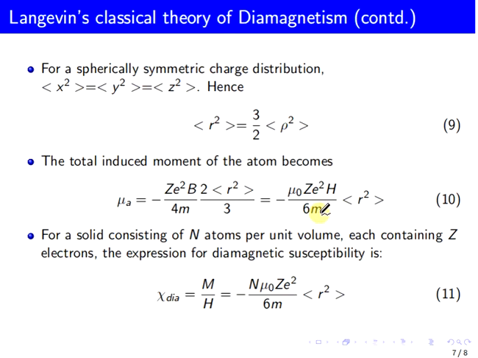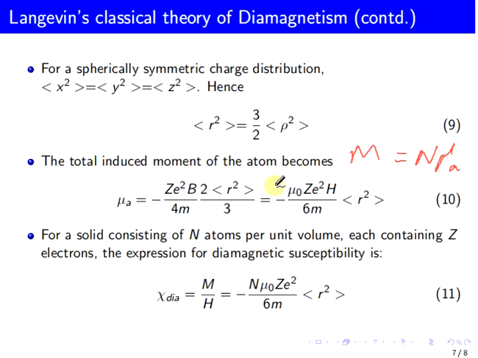Now if we consider a solid consisting of n atoms per unit volume, each containing Z electrons, magnetization is defined as the total magnetic moment per unit volume. So the magnetization will be M equal to n times mu a, where n is the number of atoms per unit volume and mu a is the total induced moment of the atoms.